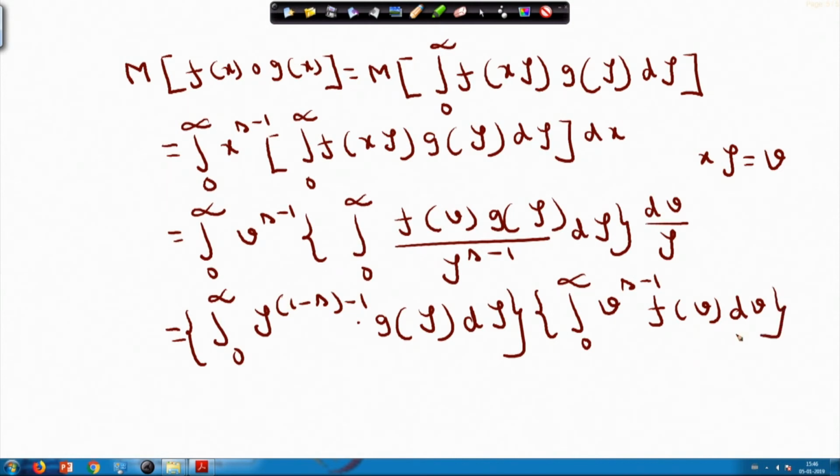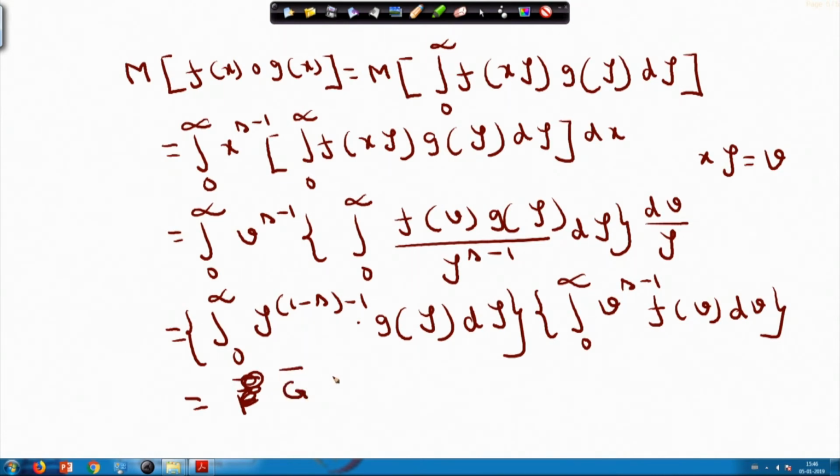So now, using this, I am separating it out and getting two different integrals. The first one is the integral from 0 to infinity of eta to the power 1 minus s minus 1 into g of eta d eta.